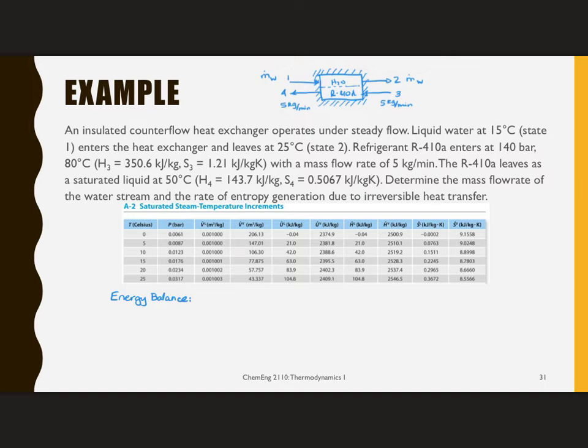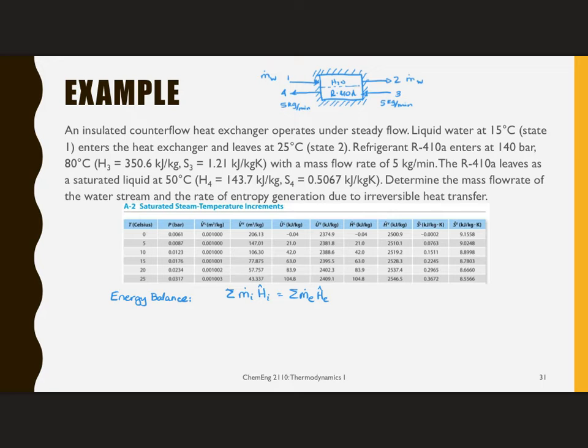There are two streams in and out. There is no work being done, no moving parts in a heat exchanger, and there's no accumulation. So therefore, my energy balance says that the sum of all of the mass coming in times the specific enthalpy in of each of those is equal to the mass coming out times the specific enthalpy going out.